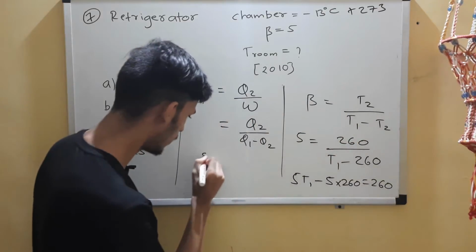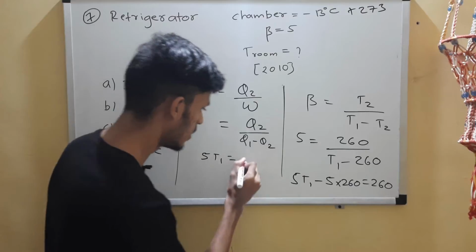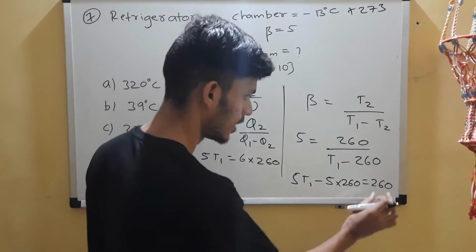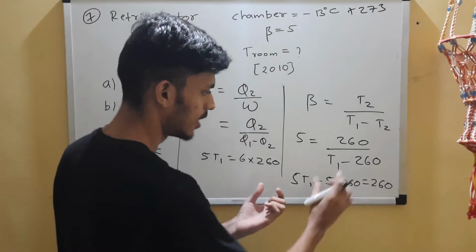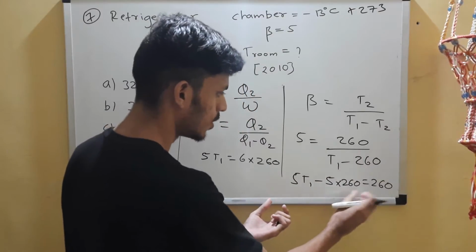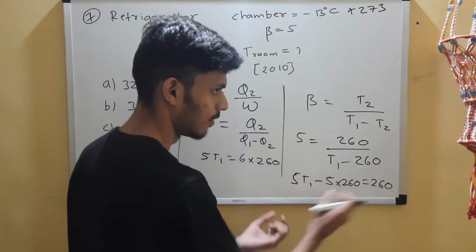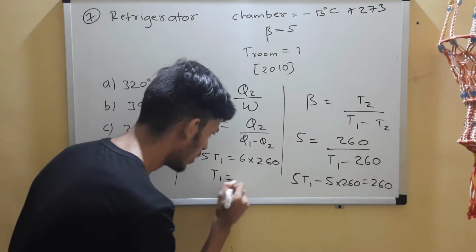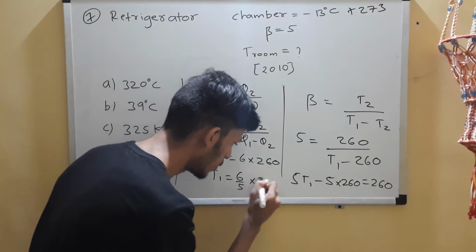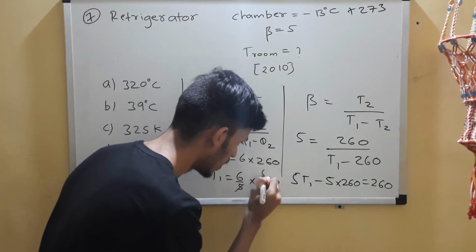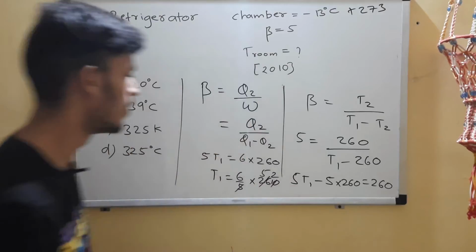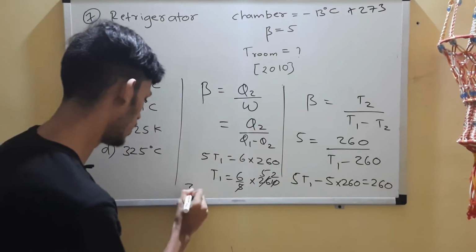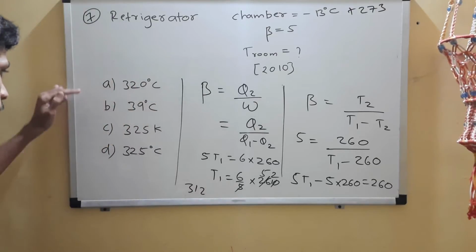So it will be 5T1 equals 5 into 260 plus 260. This goes on the other side as positive. So 5x plus x is 6x. So T1 will be 6 by 5 into 260. 5 5s are 25, 5 2s are 10, 52 into 6, that is 312 kelvins, right? 312 kelvins.